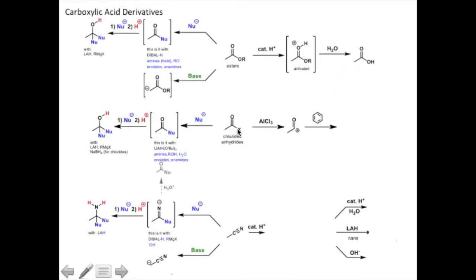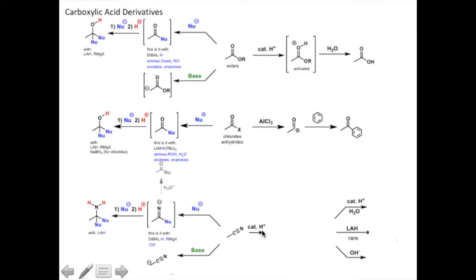A Lewis acid takes the halogen away from the acid chloride, makes this acylium cation, and this is a key component of Friedel-Crafts acylation. So when it sees the benzene ring, and I know we need to jump back into aromatic reactions, it does electrophilic aromatic substitution and results in adding onto the benzene ring.